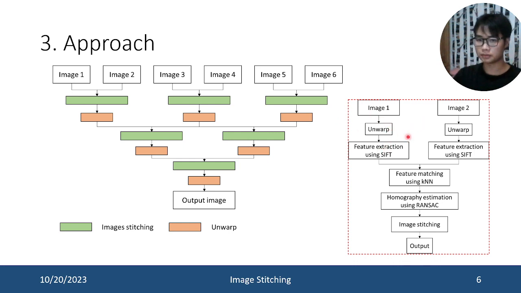Then we use a feature extractor like SIFT, SURF, or ORB, and do feature matching using KNN. Then we calculate the homography matrix using the RANSAC algorithm, and use the homography matrix to stitch the two images.